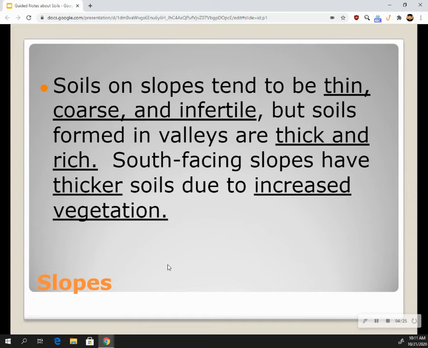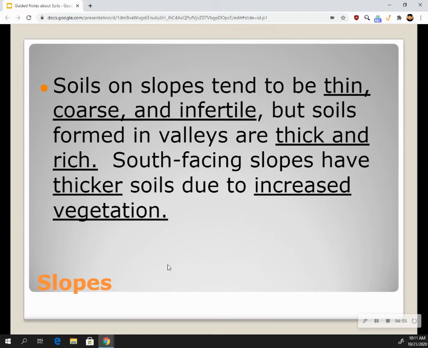So that's why when we look at the Rockies, there are more plants and animals in the valleys than there are on the peaks of the mountains, because those mountains are very sloped and less fertile. That doesn't mean there's not anything growing in it, but it means that it is less fertile, and so it's much harder for plants to grow. So there's less soil in those areas.